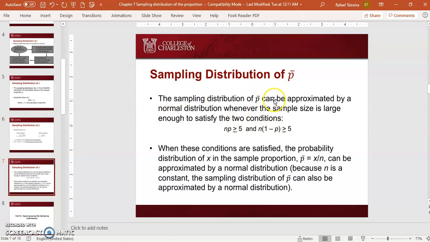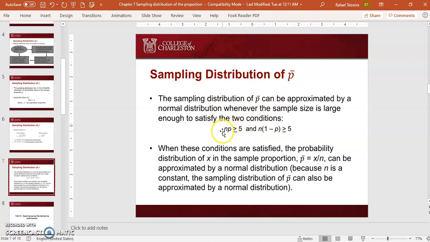The sampling distribution of the sample proportion can be approximated by a normal distribution when the sample size is large enough to satisfy these two conditions. This is an additional step we have to compute in order to estimate the sample proportion.